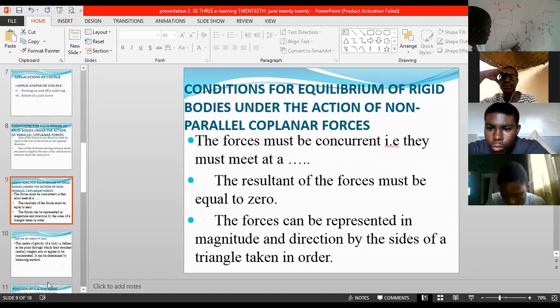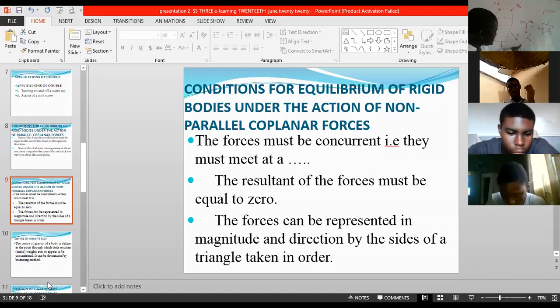Now, if three forces are acting at equilibrium, then they can be represented in magnitude and direction by the three sides of a triangle taken in order, like this. This is direction 1, direction 2, direction 3. And you did that in mathematics.